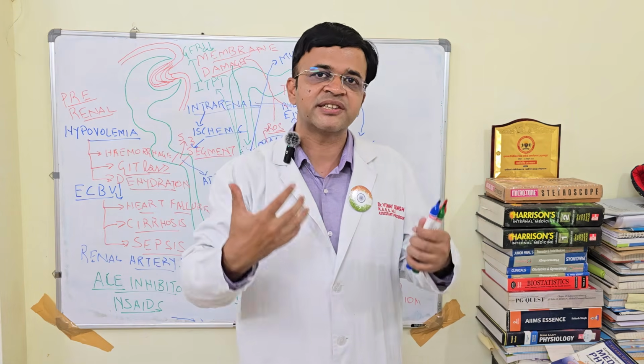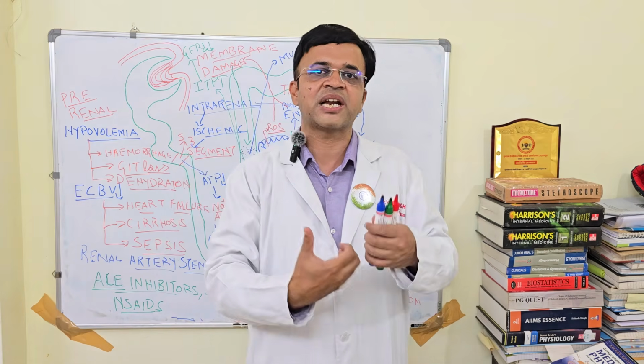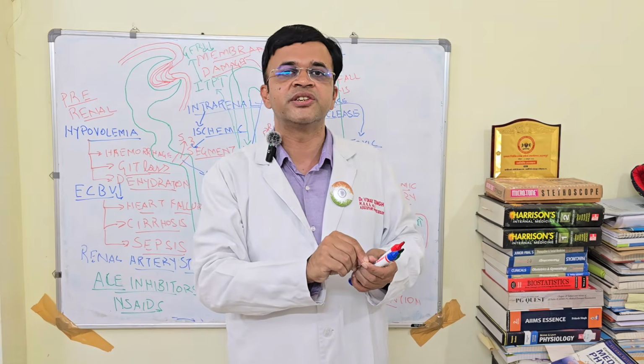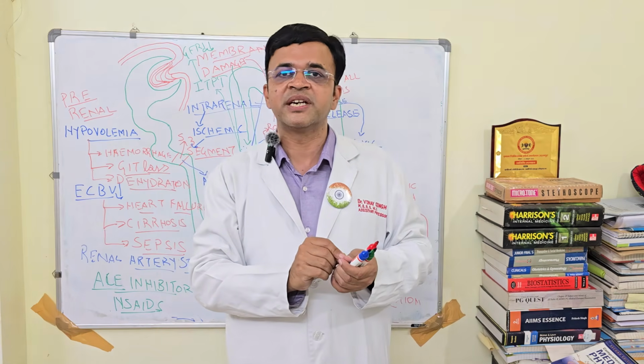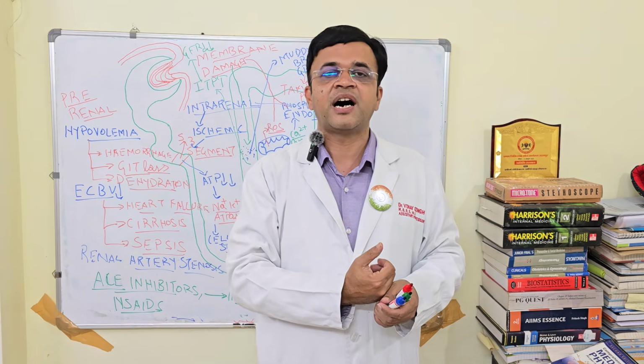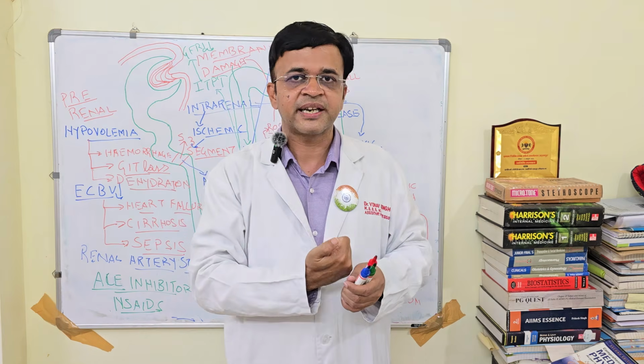In case of massive hemolysis, where some disease is leading to massive hemolysis, the hemoglobin will come and get deposited inside the renal tubules, leading to acute renal tubular necrosis. Then there are certain nephrotoxic drugs like aminoglycosides. They can also cause acute tubular necrosis.